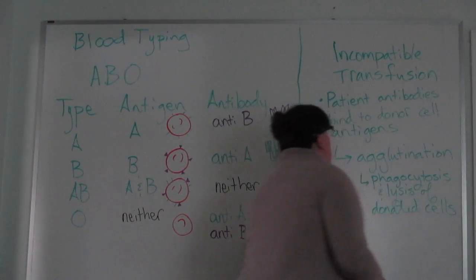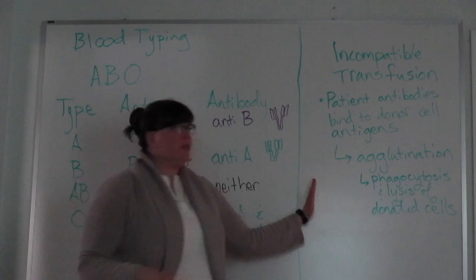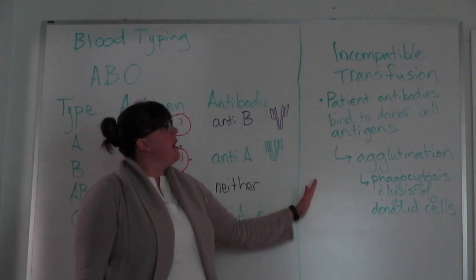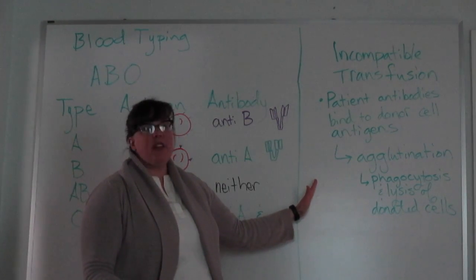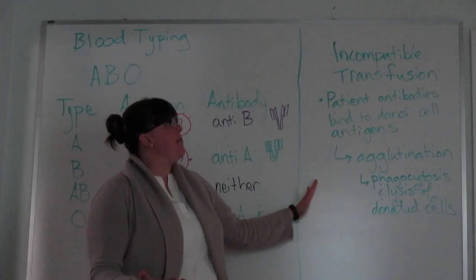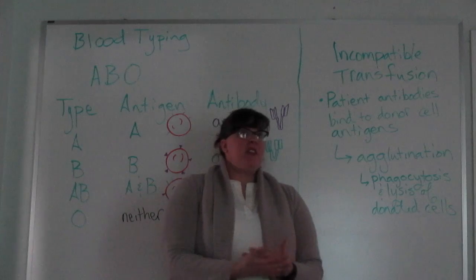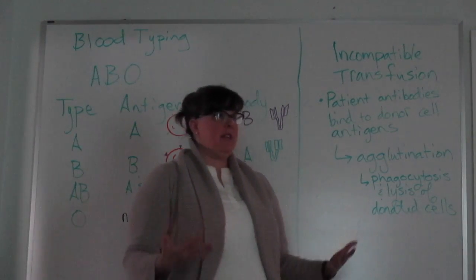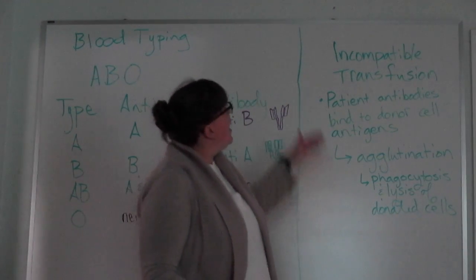And so this is important for transfusions. If a person has had a significant amount of blood loss and they need a replacement of some of that blood, of course we want to make sure that they get the appropriate blood type donated.